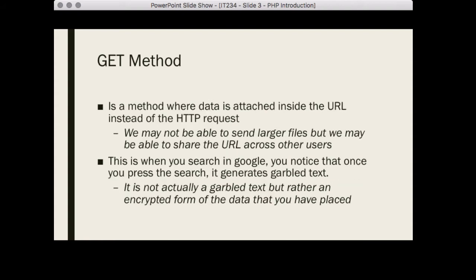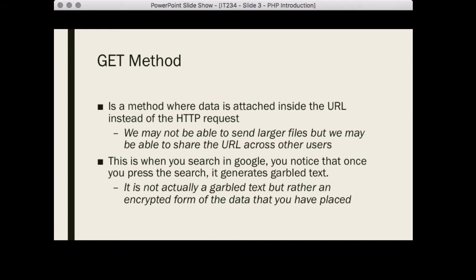The get method is a method where data is attached inside the URL instead of the HTTP request. So it is bound to the URL. We may not be able to send larger files, but we may be able to share the URL across other users. This is when you search in Google. You notice that once you press the search button, it generates garbled text.